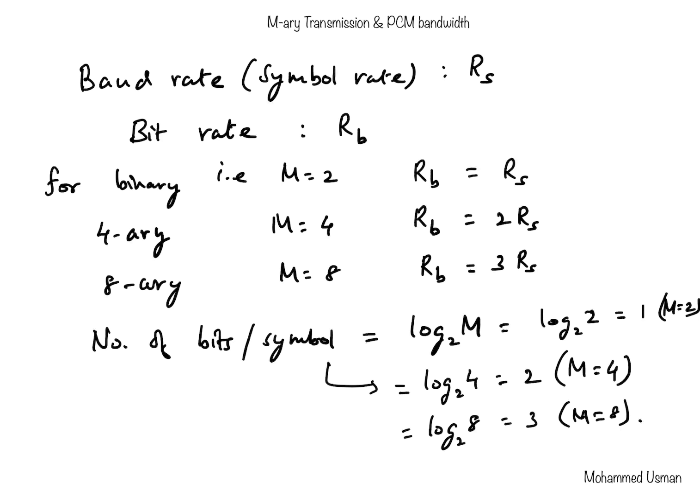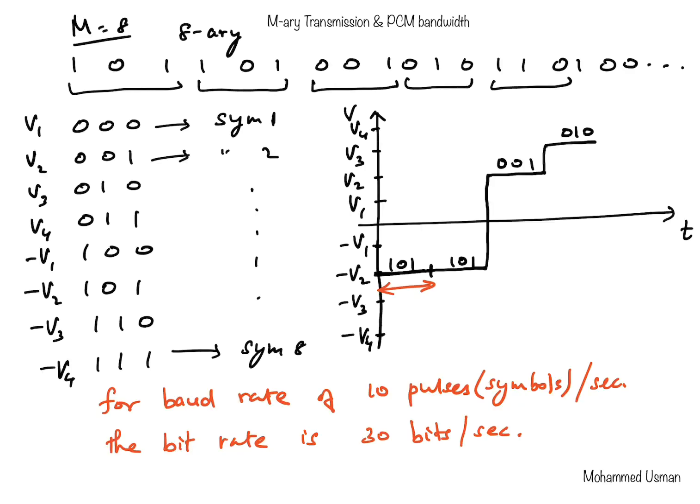Now, if you want to keep on increasing the bit rate without increasing the symbol rate, then that means we need to keep on increasing the number of voltage levels required to represent those symbols. So with 16-ary, when we combine 4 bits at a time, with 4 bits we can have 16 combinations. That means we need 16 possible voltage levels.